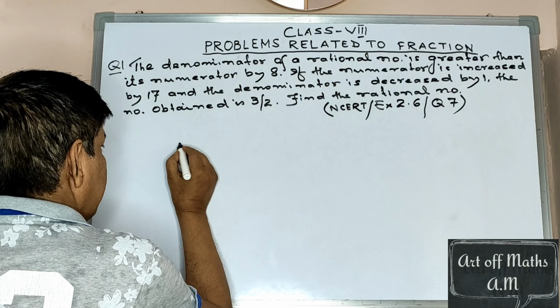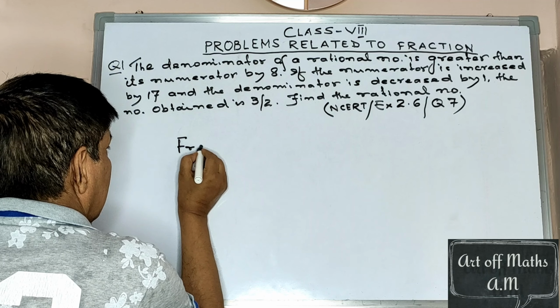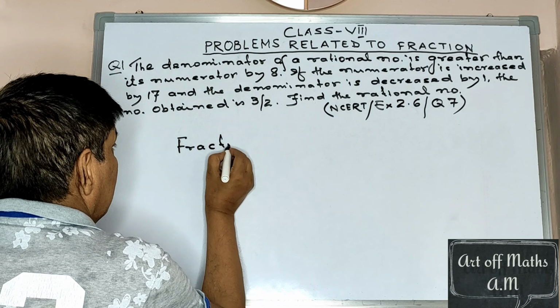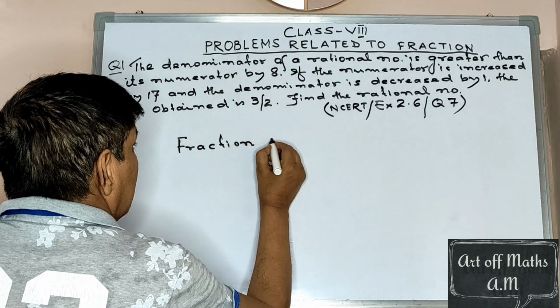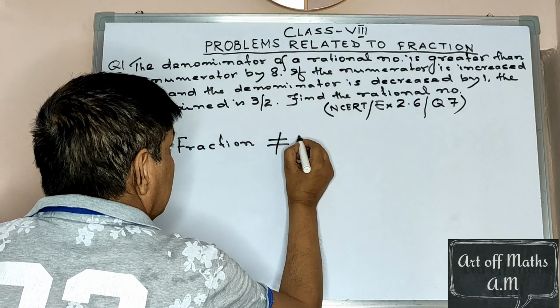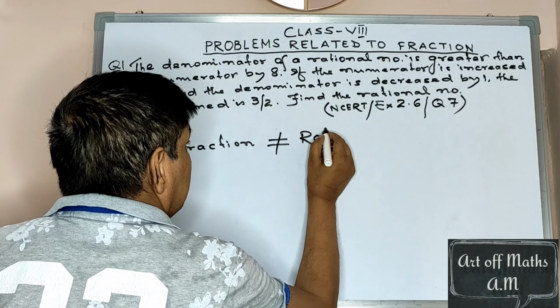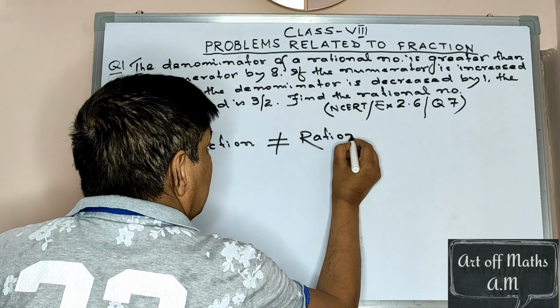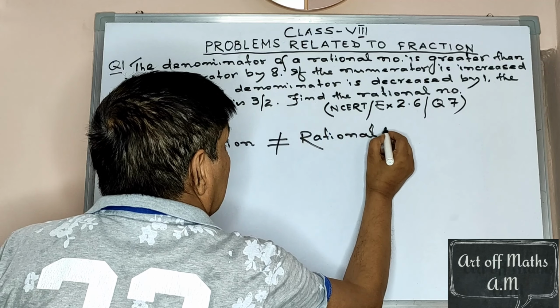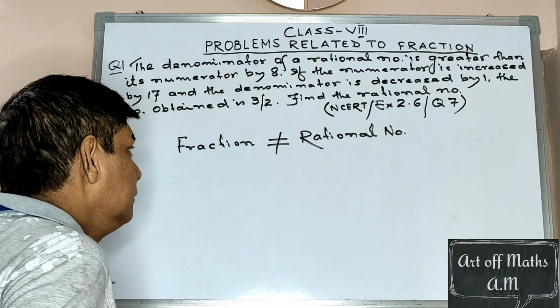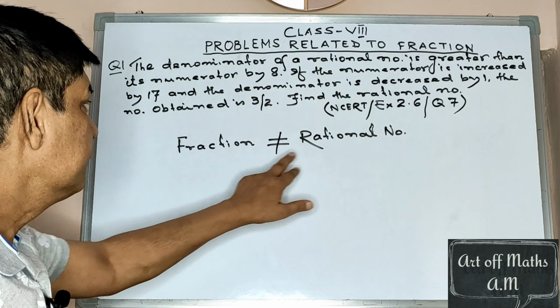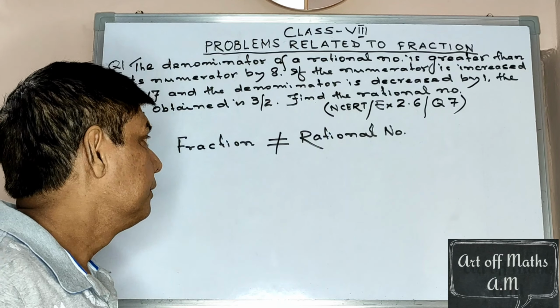Rational number, fraction. Fraction is not equal to rational number. These two things are totally different.